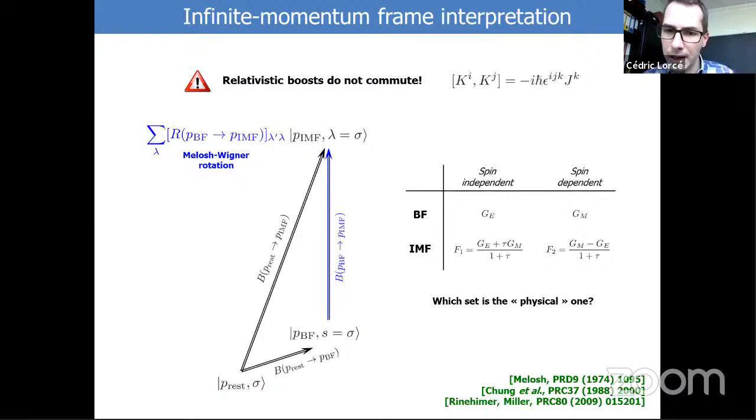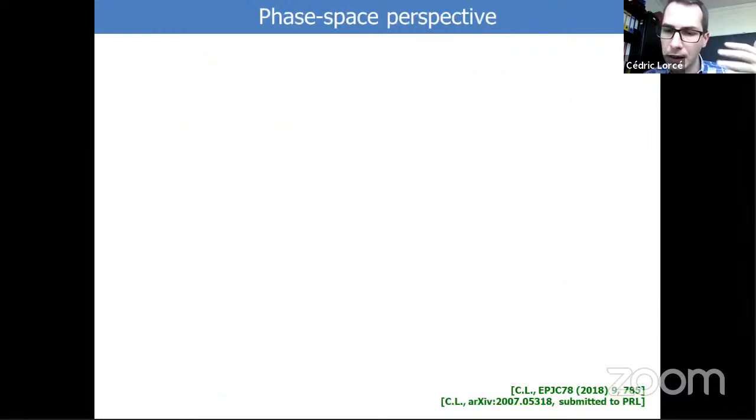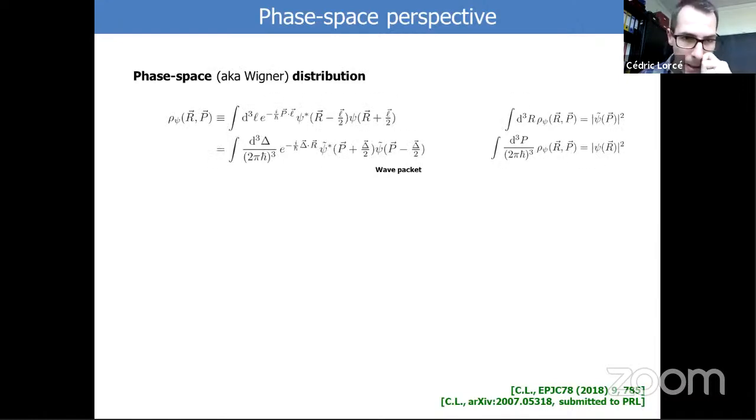So naturally, you are led to think not only in position space or momentum space, but to work in phase space. And if you work in phase space, maybe some of you have already heard about the Wigner distributions. You never measure directly the wave function, the wave packet of something.